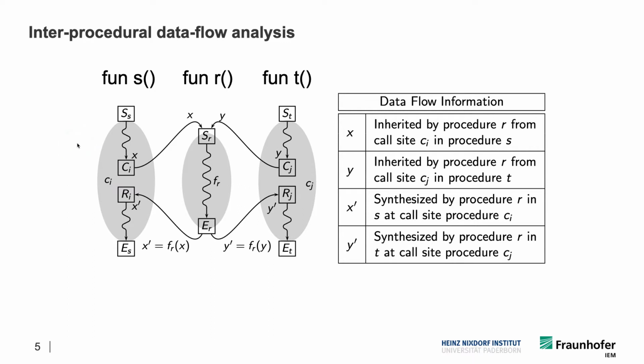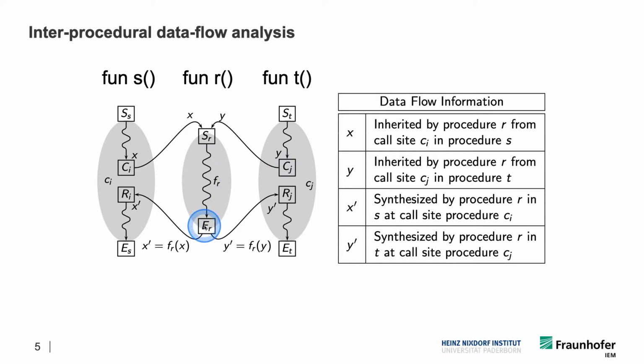And so if you look at this, there are so-called inherited and synthesized data flows. The inherited ones are the ones that go from the callers here to the callee. Okay, so X and Y would be so-called inherited data flows that come from this and this call site respectively. Then also we have synthesized data flows. These are the ones here at the bottom.